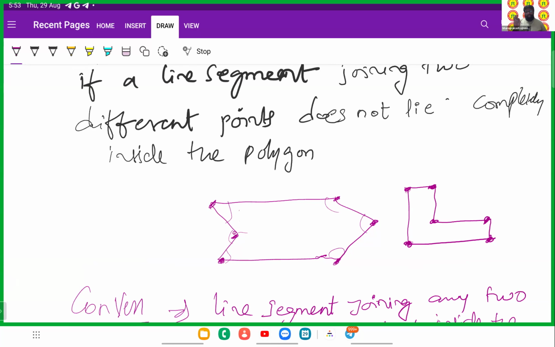Every angle in a concave polygon can be greater than 180 degrees. When you sum up all angles of the polygon, it can be more than 360 degrees. Suppose this is 210 degrees, this is 206 degrees, 207 degrees, 300 degrees, 310 degrees, anything. This is called a concave polygon.